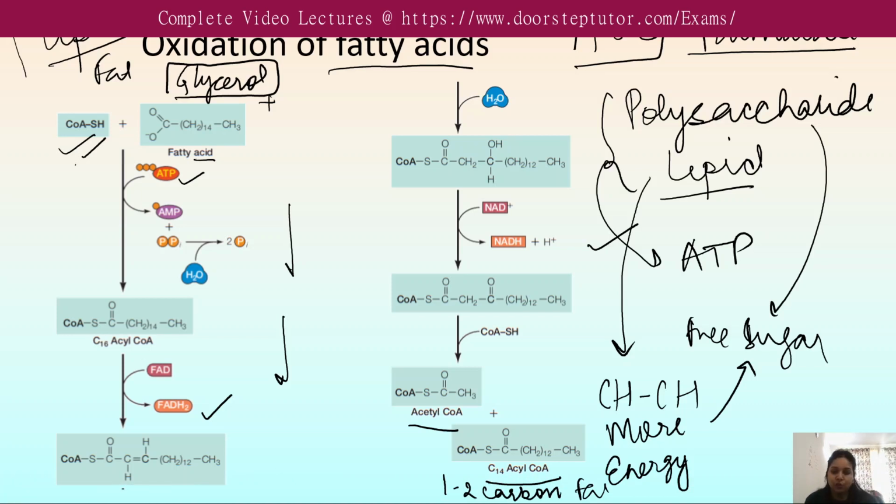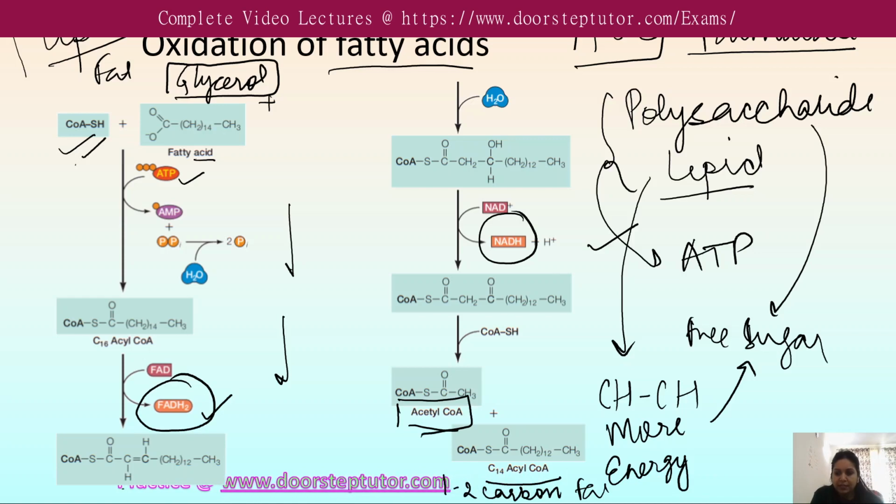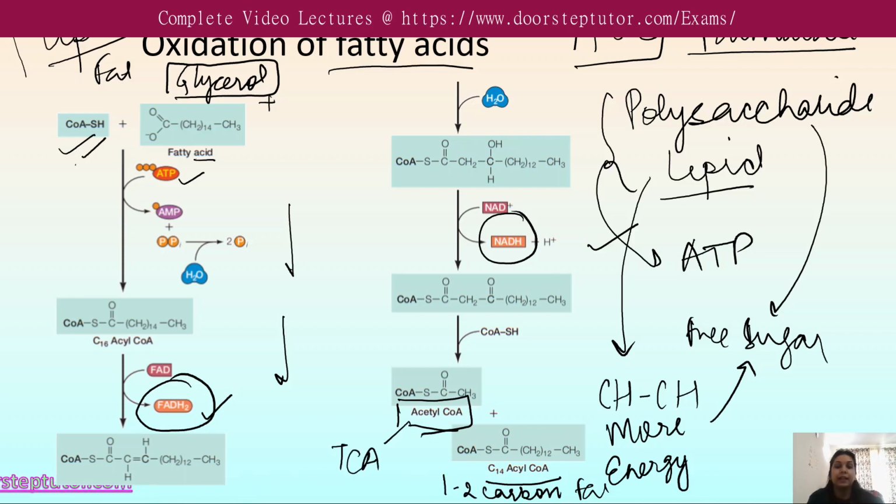Each round of oxidation also yields 1 molecule of NADH and 1 molecule of FADH2. The acetyl coenzyme A generated here then enters the citric acid cycle, and the degradation of the remainder of the fatty acid continues in the same manner.